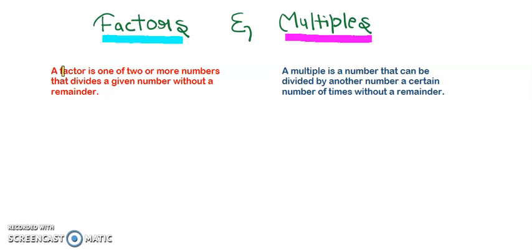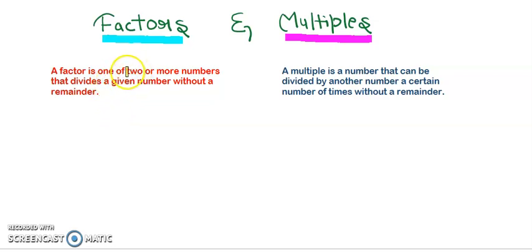A factor is one of the two or more numbers that divide a given number without a remainder. So what you have to remember is that a factor is one of the two or more numbers that divides a given number and does not leave a remainder.